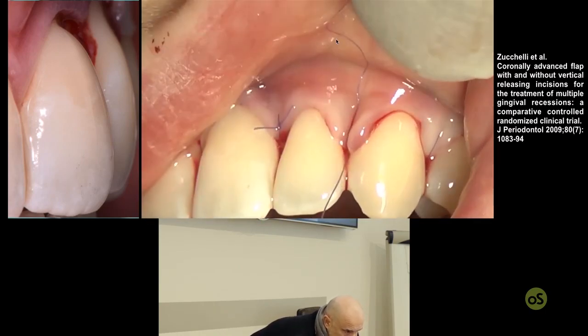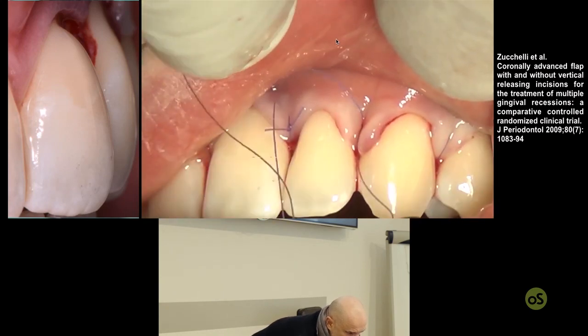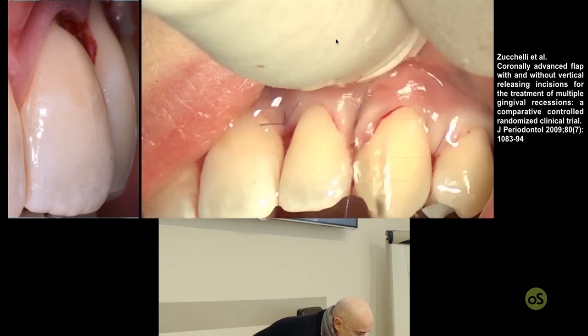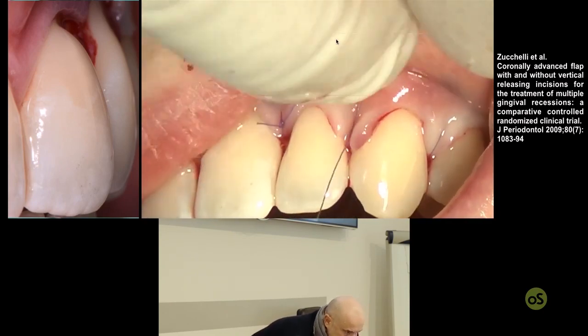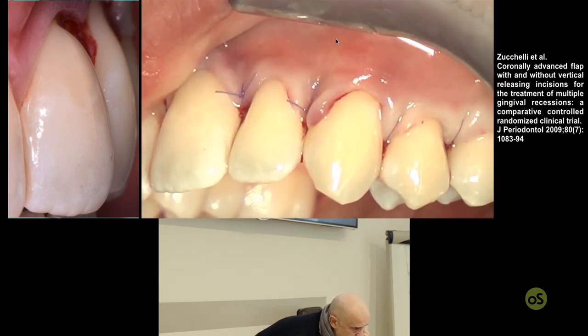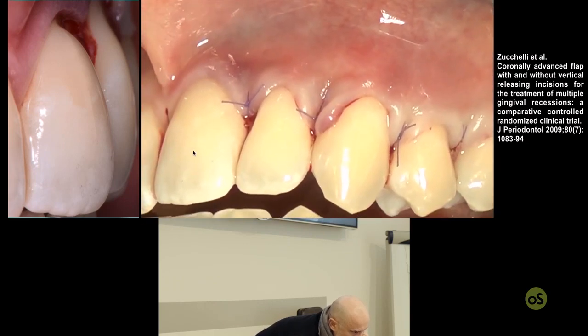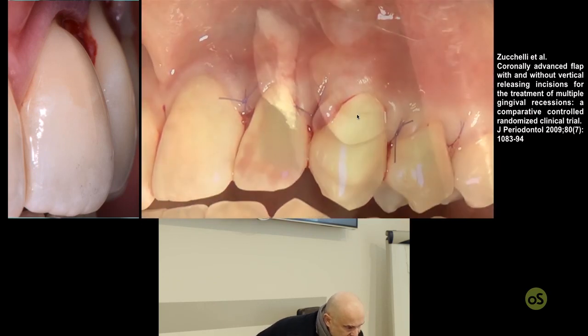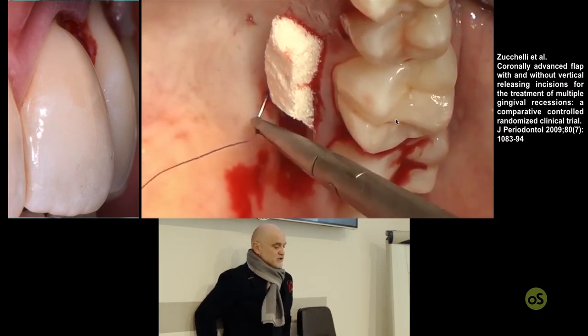So this is really the great advantage of this procedure, that can allow you to treat in one surgical time different clinical situations and can be very easily adapted to different situations. So the central was treated as altered passive eruption, lateral canine premolar was treated for covering gingival recession.